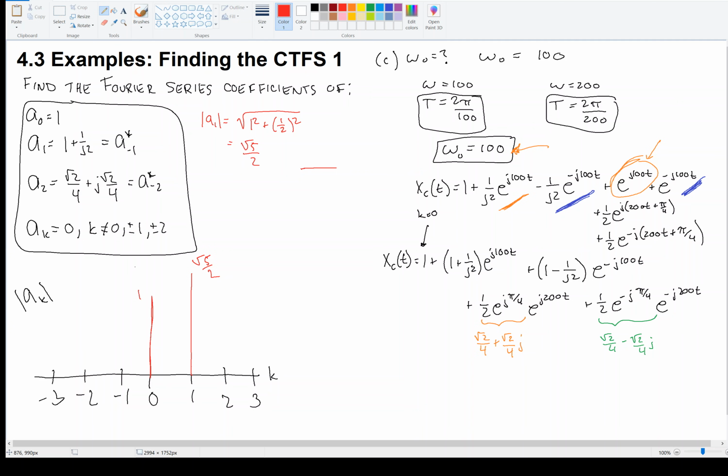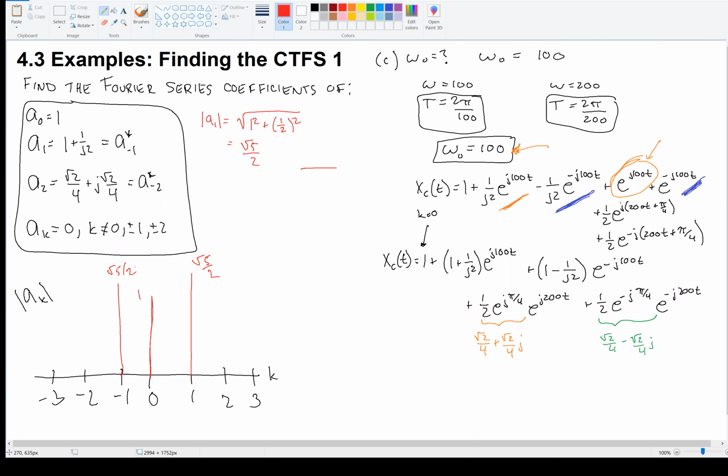Now notice, the minus 1 term has the complex conjugate. This was a minus sign, but that doesn't change the magnitude, taking the complex conjugate, because we square the minus, and it still makes square root of 5 over 2.